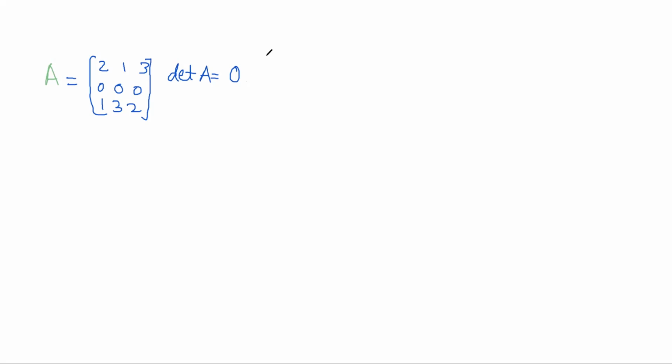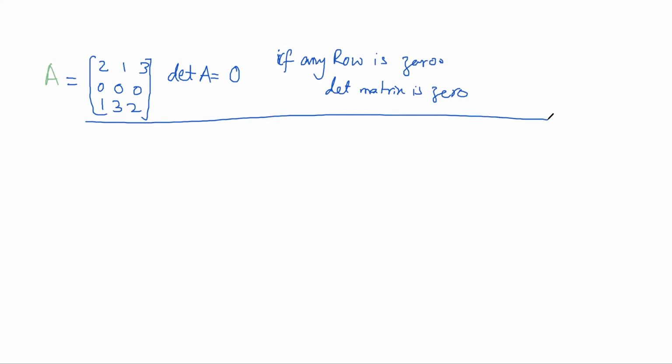So the second property is that if any row is 0, that means each element of the row is 0, then the determinant of that matrix is 0. Okay.